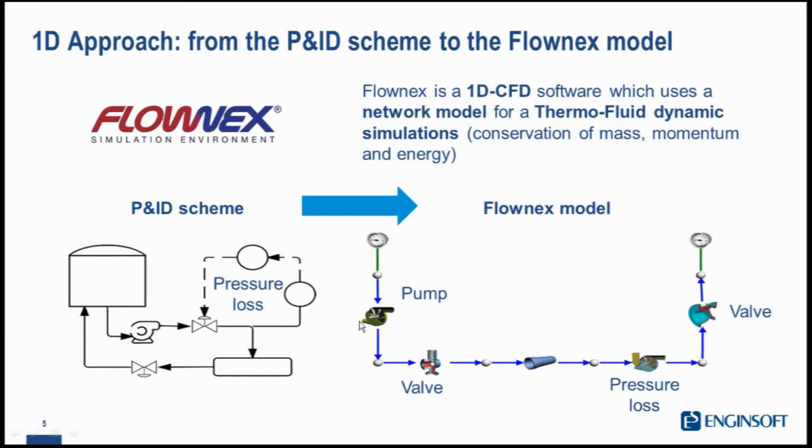So you are able to represent it in a lumped approach with lumped parameters. You can link one-to-one the information about the pumps and the valves, and you can describe the whole pipeline.